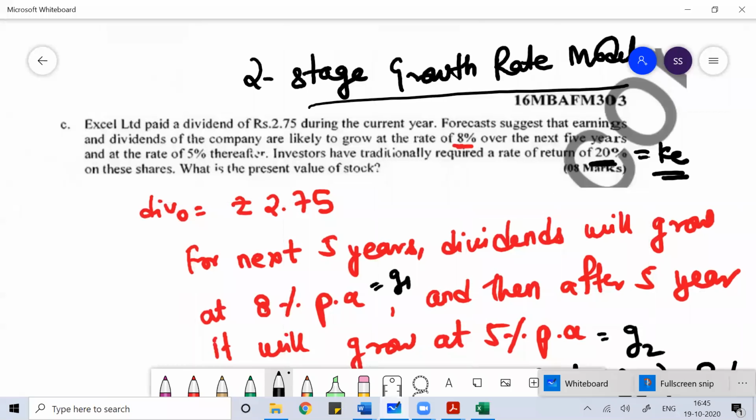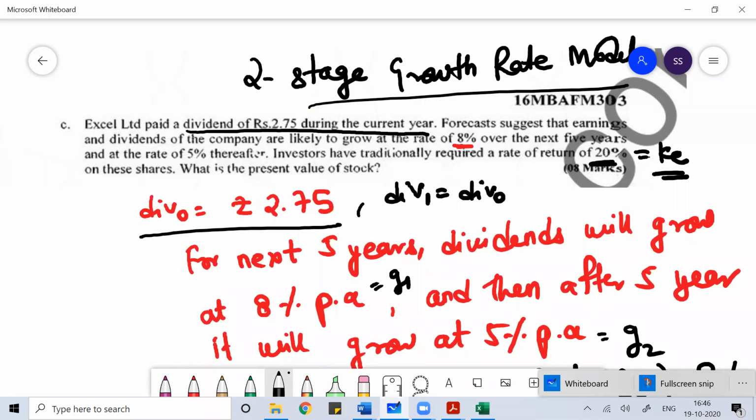One thing, be very careful when you solve this problem. Be careful looking at the dividend. Is it the current dividend or the next year dividend? If it's the current dividend, then it is DIV naught. Next year dividend means DIV one, and DIV one is DIV naught into 1 plus g.